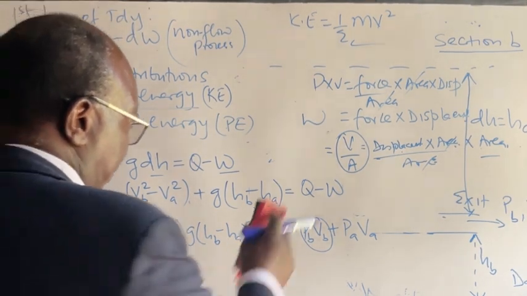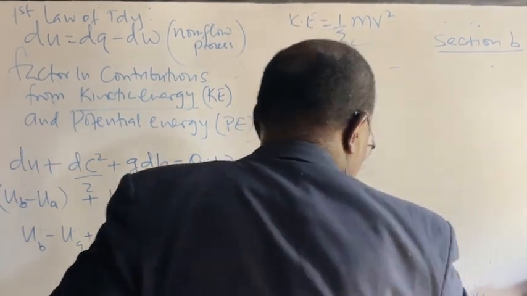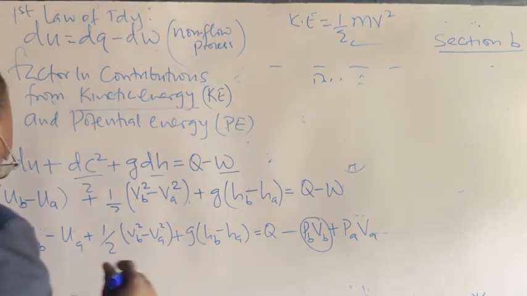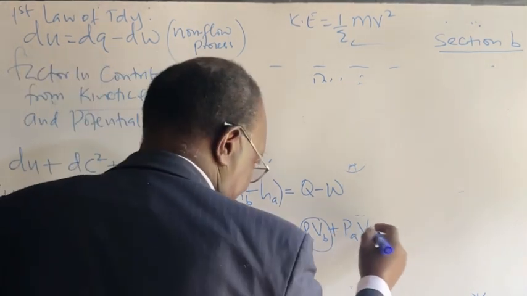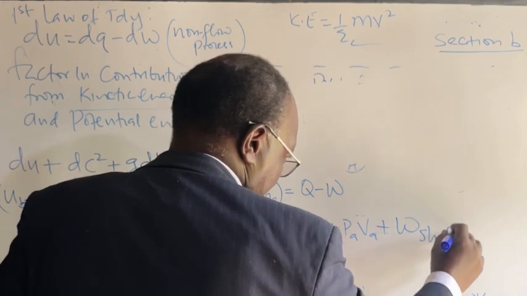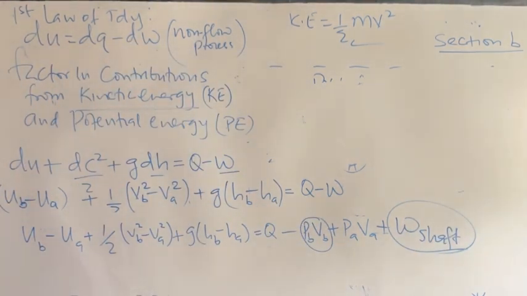Now, once we have these expressions, we clearly see that also we have the shaft work. And what is the origin of the shaft work? Remember, we had the turbine.